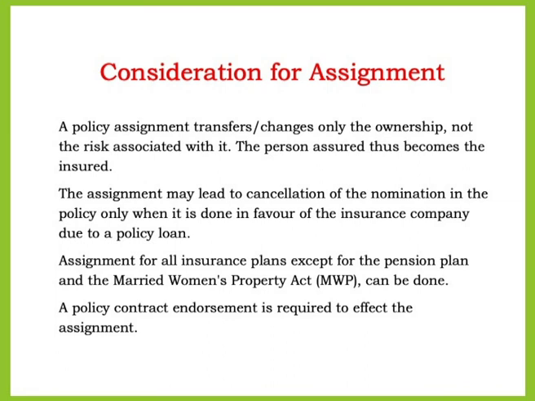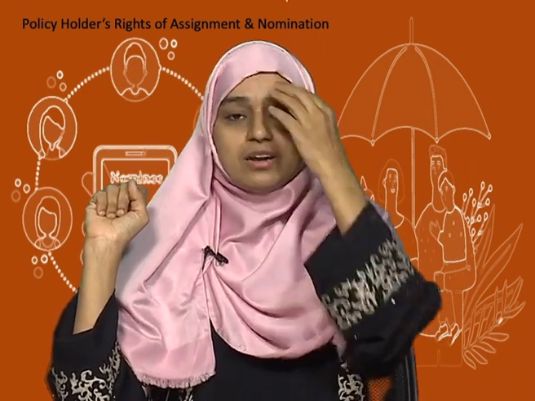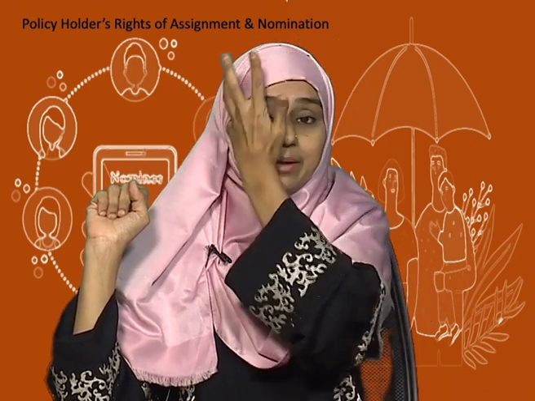And whenever assignment has to take effect, endorsement should happen. So a policy contract endorsement is required to effect the assignment. I have to inform the insurance company, they will do the needed documentation, and all the signatures and all the papers have to be filed properly, and only then can assignment take place.